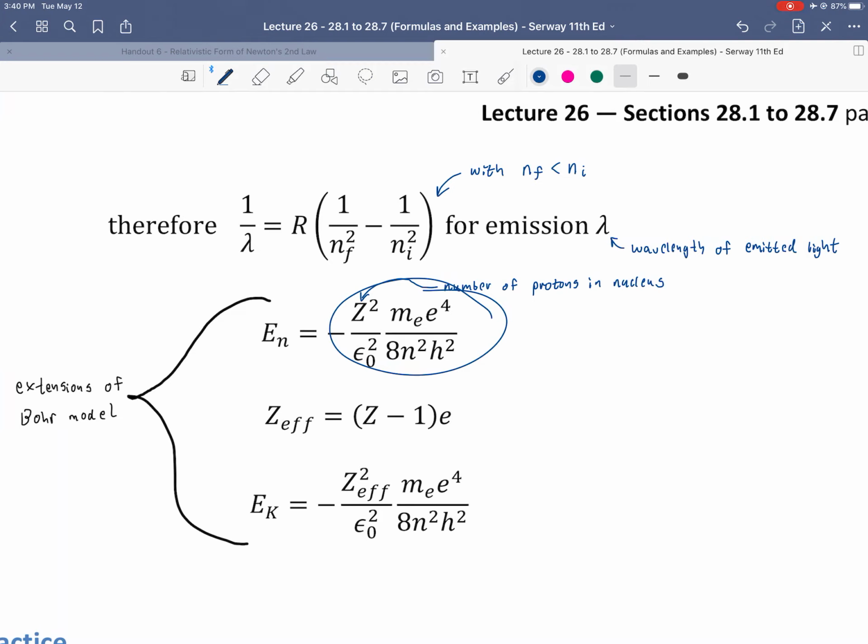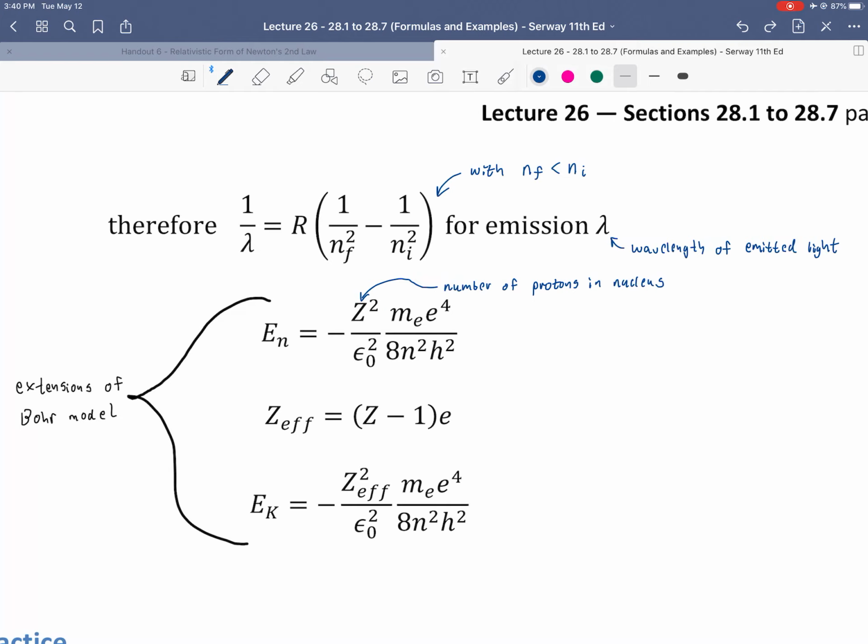But what if we want to extend this to, say, helium or lithium or beryllium, where you have 2, 3, 4 protons in the nucleus respectively? Well, you just plug in that number. You have to remember to square it because it's always Z squared.